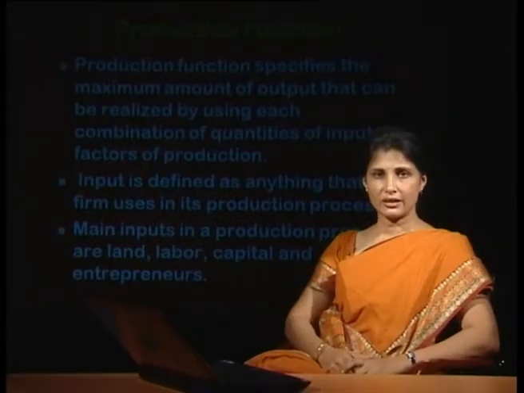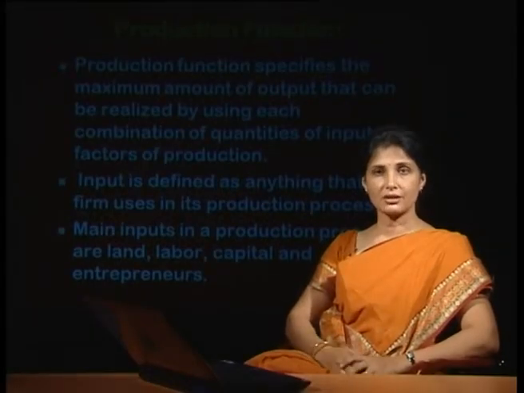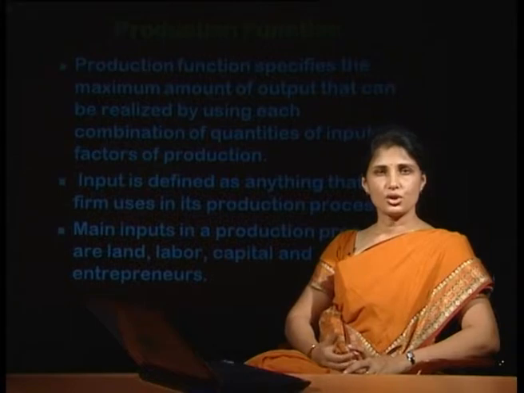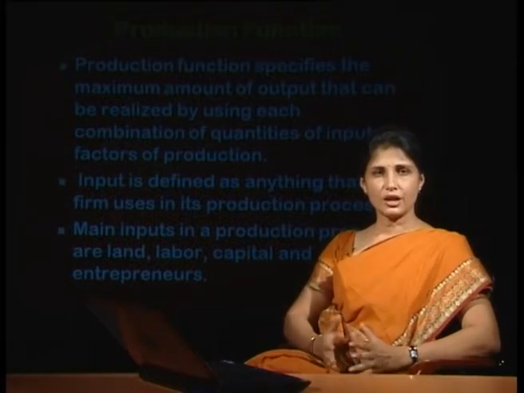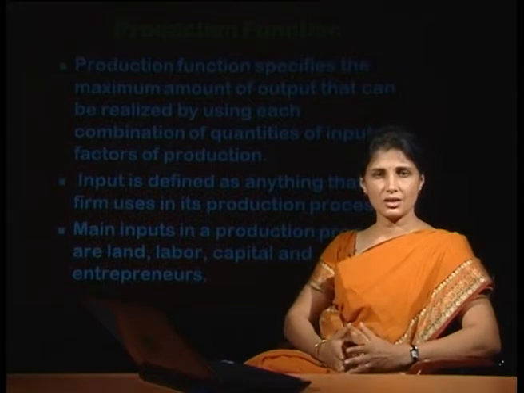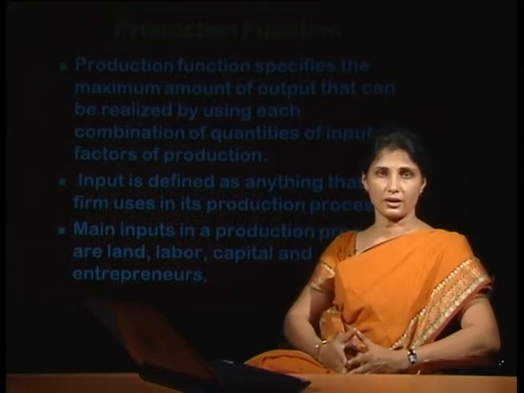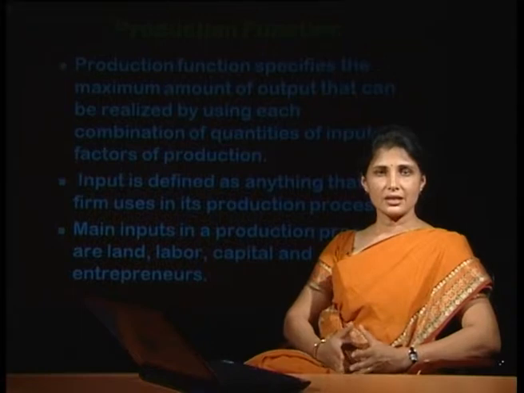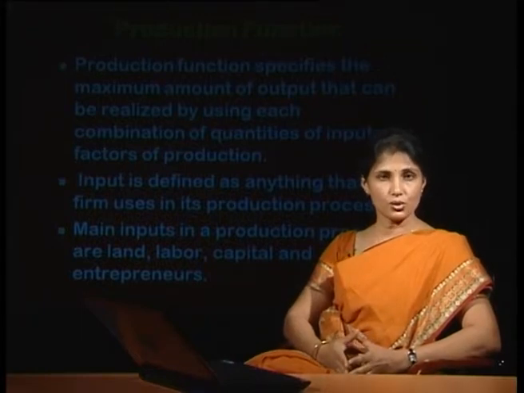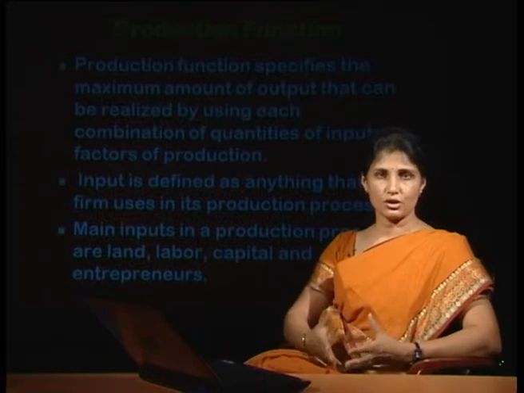It is very clear from this production function, which is a technical term used to show the production process, that the entire production process is not simply talking about the product market, but it is how output is produced with the help of different inputs or factors of production.